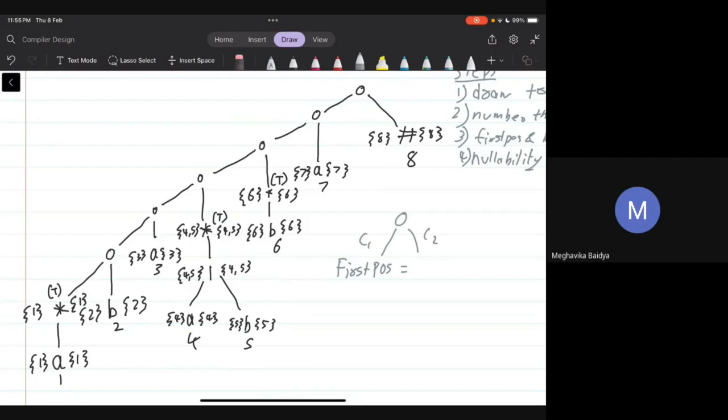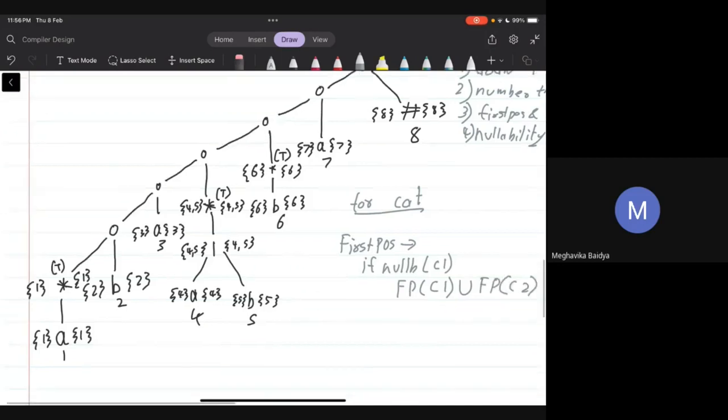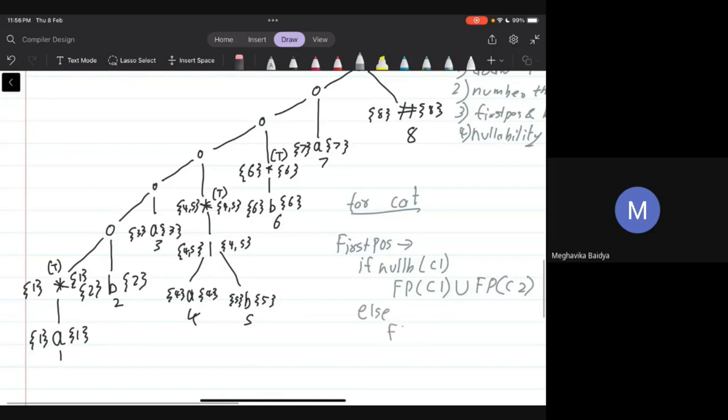For first pos of cat, which is concatenation, I just write it like this: if nullability of C1 is true, then first pos of C1 union first pos of C2, else FP of C1.